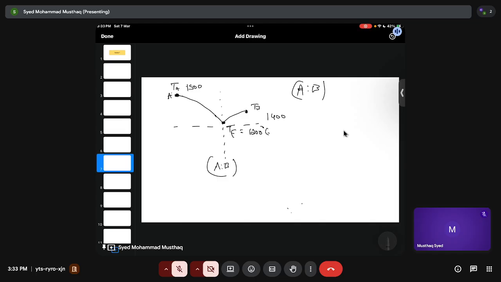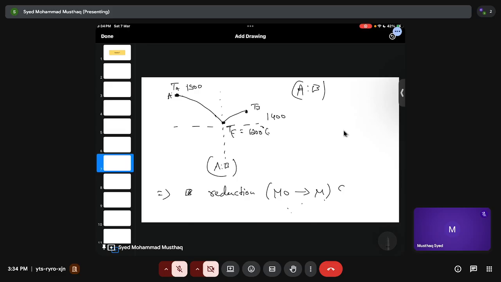Now coming to the reduction smelting. We have seen the matte smelting, right? In reduction smelting, the name itself suggests you have reduction, where metal oxide will convert into metal.